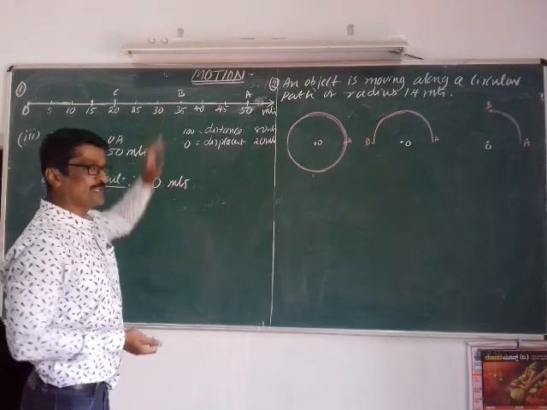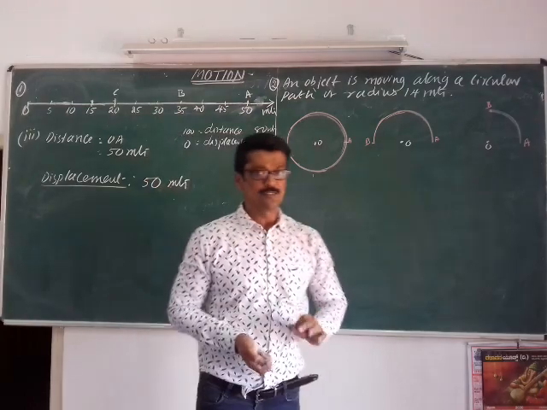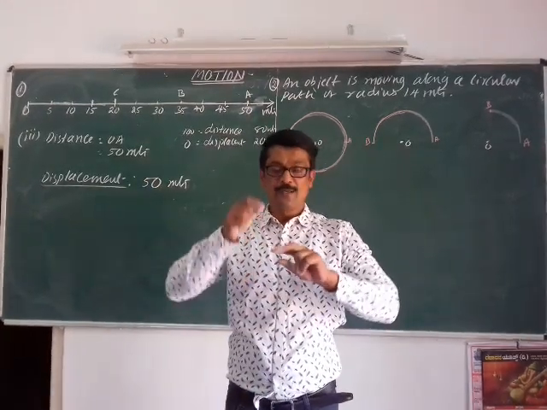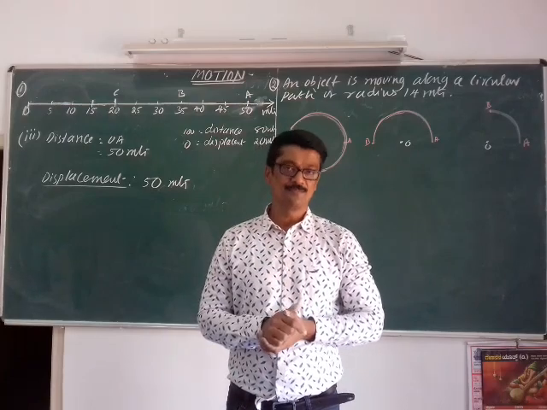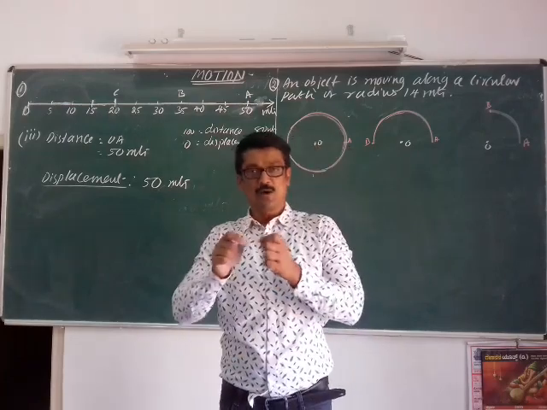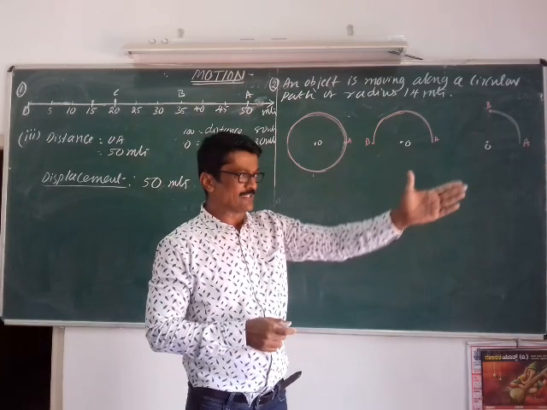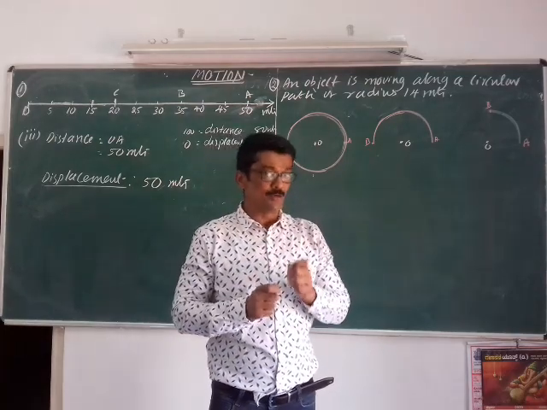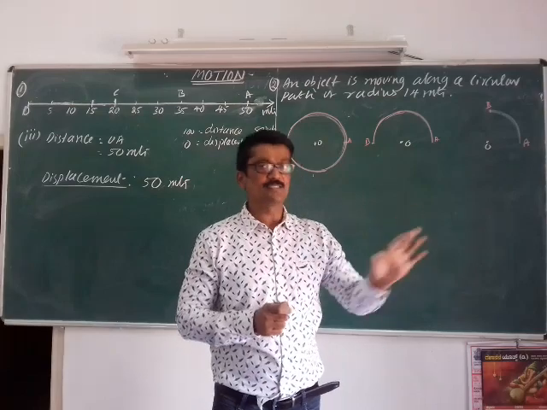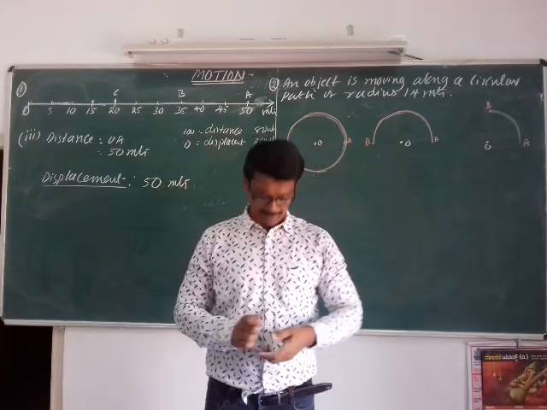You have to remember these 2 points, very important. When an object returns to its initial position, displacement will be 0. When a body is moving in a particular direction, along a straight line, the numerical value of distance is always equal to displacement.